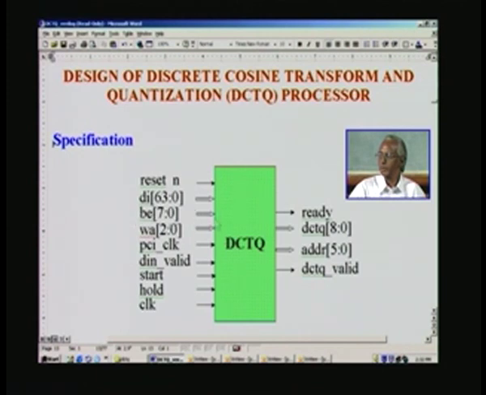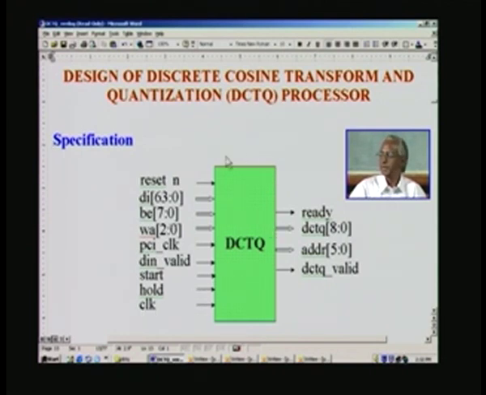Once you have loaded the image, you can ask the DCTQ to start the process by asserting this signal. Once it has started, at any point of time you can hold the processing by using the hold signal, and thereby you do not have to bring in what is called latency, which we will explain later on. There is also a system clock required for the DCTQ operation, and that clock is fed here.